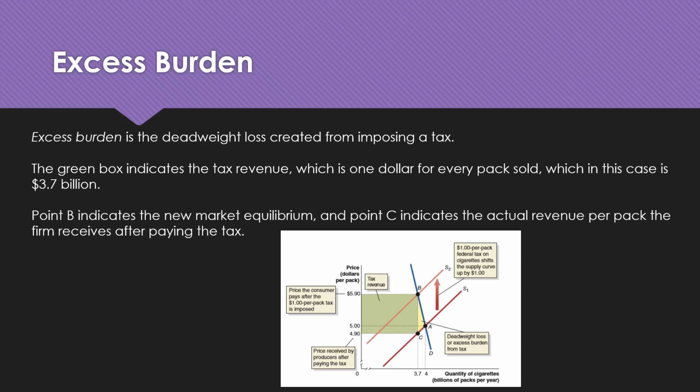And then notice that the tax incidence ends up being 90% to the consumer and 10% to the firm, because the firm is now receiving 10 cents fewer per pack, but the cost of the pack is now 90 cents higher. So the consumer is now paying 90 cents extra.